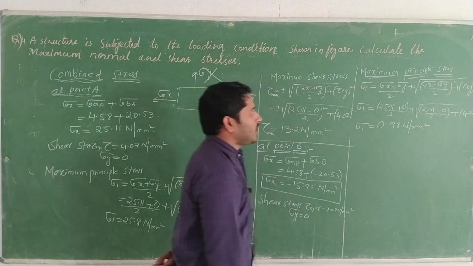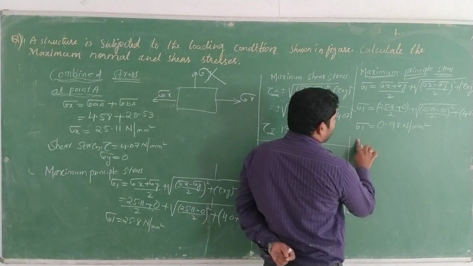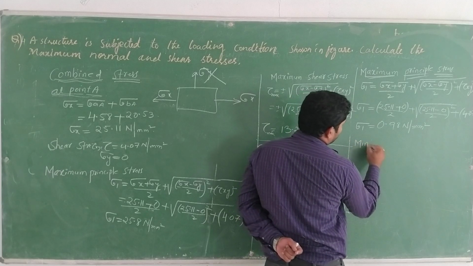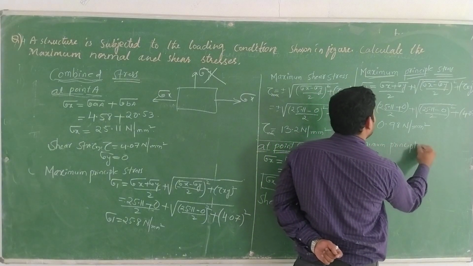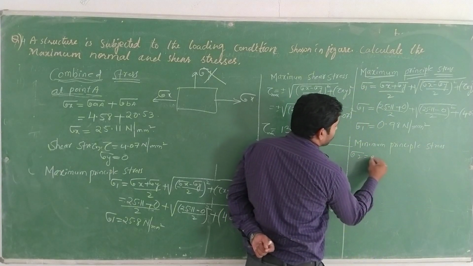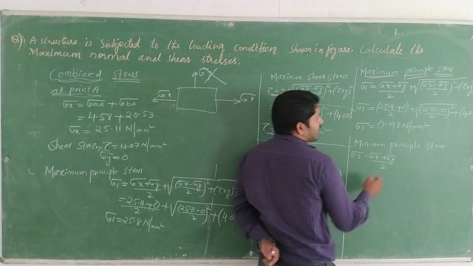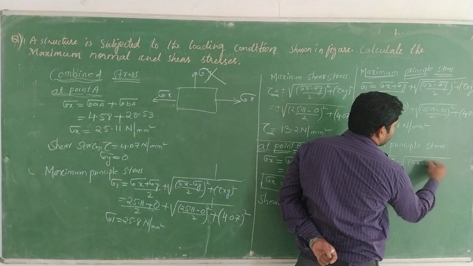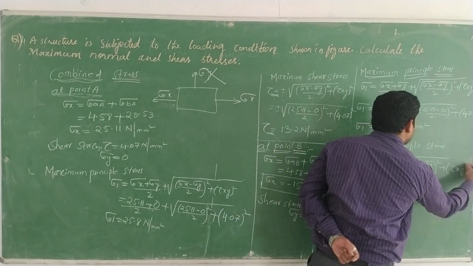Again we need to find the minimum principal stress. So sigma 2 equals (sigma x plus sigma y) by 2, but here instead of plus we represent minus under root of ((sigma x minus sigma y) by 2) whole square plus tau xy whole square.